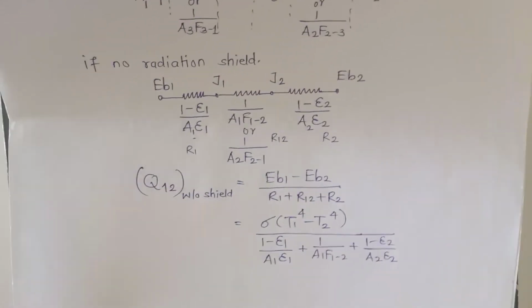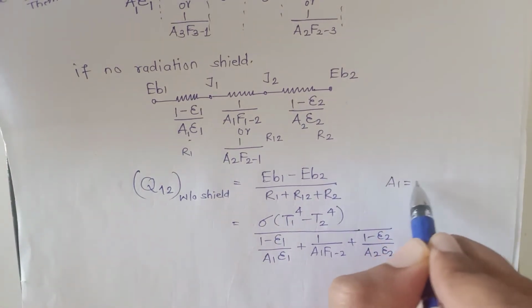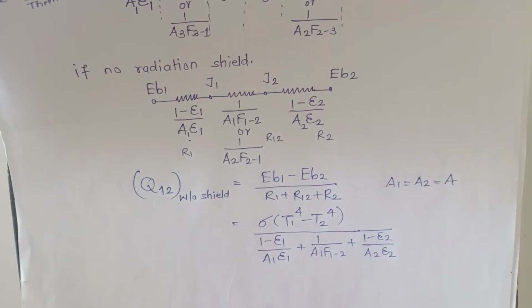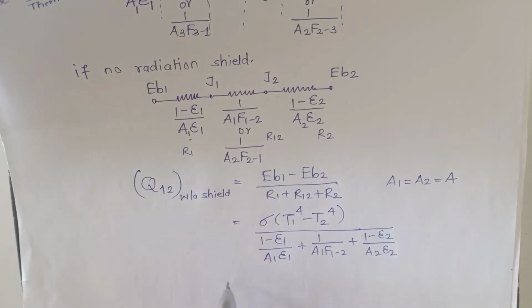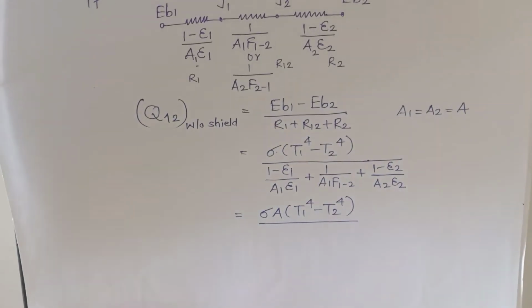Now, if the surfaces are large enough, then by shape factor algebra we can consider that A1 is equal to A2 is equal to some area A. That area can be taken out as a common parameter from all these terms and shifted to the numerator. So the expression looks something like this: sigma A (T1 raised to 4 minus T2 raised to 4) divided by, and now we should handle the terms carefully.